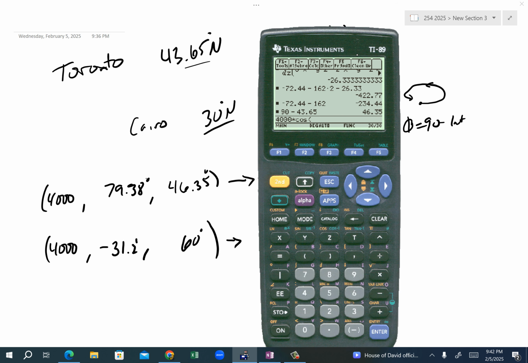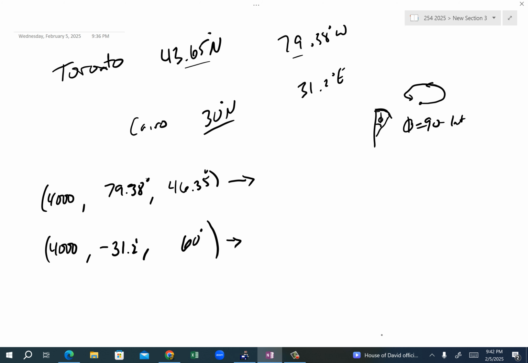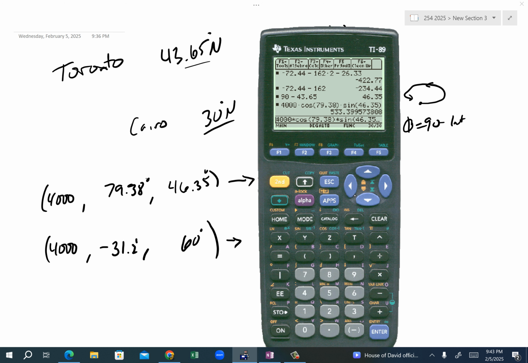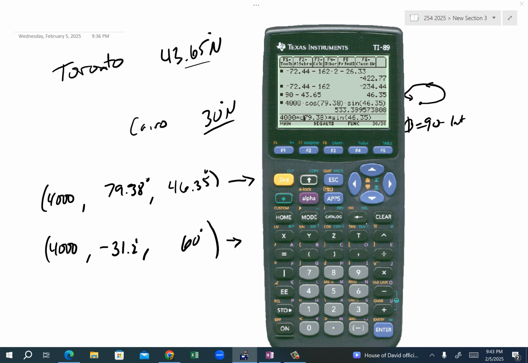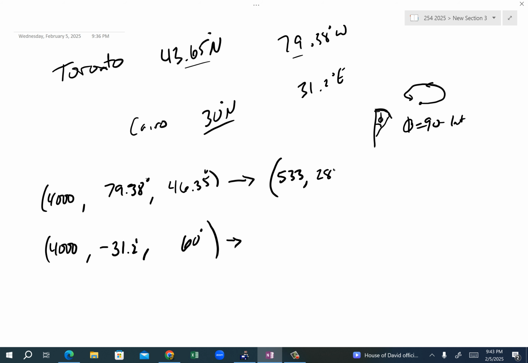So our theta here is 79.38 times the sine of 46.35. And I get 533. That's my x value, and then I need my y. So the only difference between those two is it's going to be the sine of 79. Boom. And you get 2844.